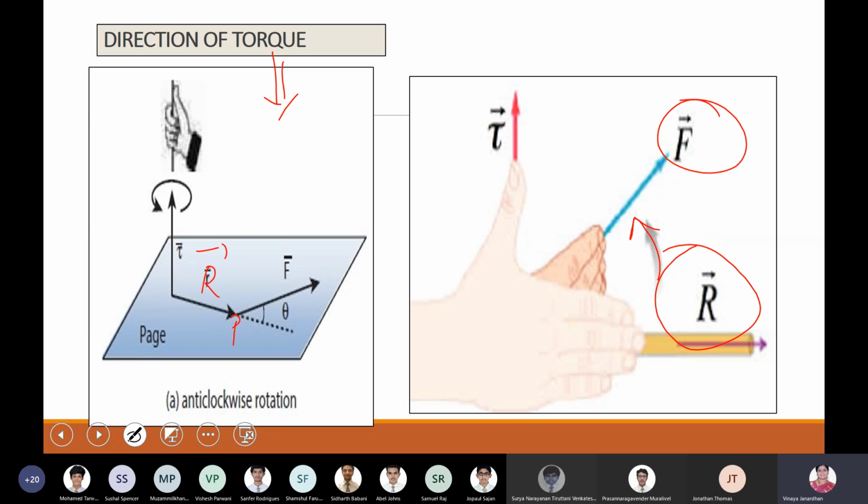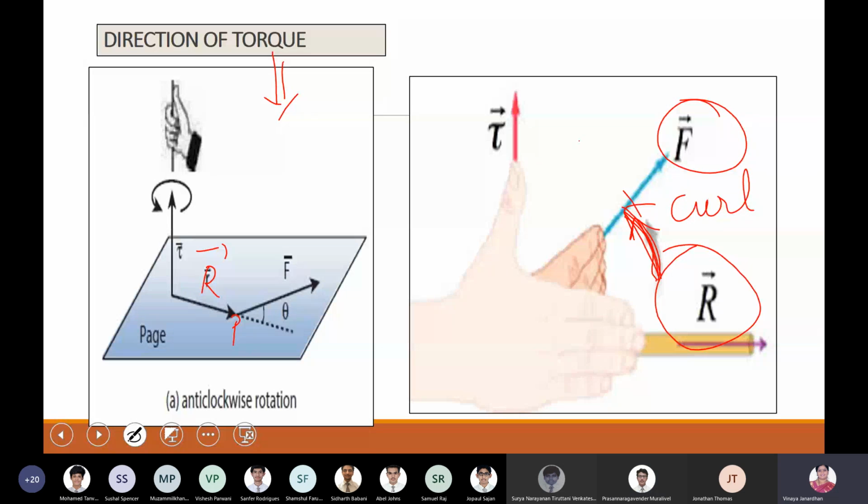So all these fingers which you have stretched along R, you curl along the direction of F. Then in which direction will your thumb point? Your thumb is going to point upward, which means the torque is going to act in the upward direction.